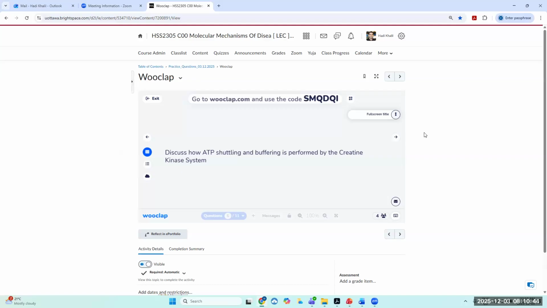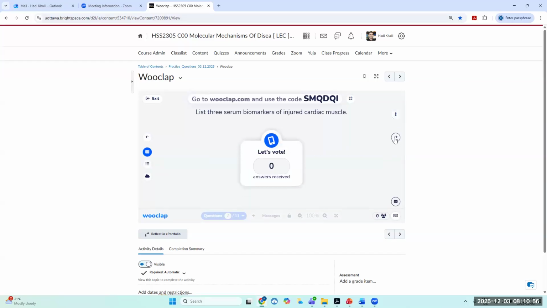It's important for you more to guess now what are the material that can get you this type of questions compared to multiple choice. And I'm trying to point out to that. Okay. There's 3 serum biomarkers of injured cardiac muscle.